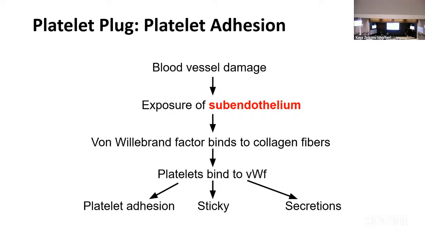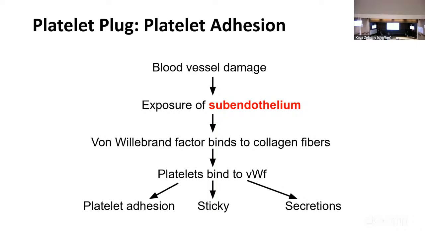Okay, so when you damage a blood vessel, we want to think about what that exposes the blood to. We'll see when we get to actual blood clot formation that you're probably damaging some other tissues as you're going from the outside to the inside.